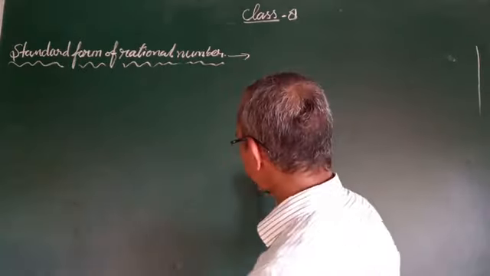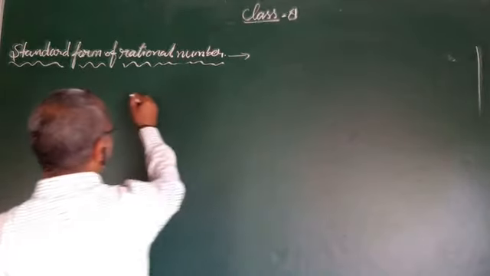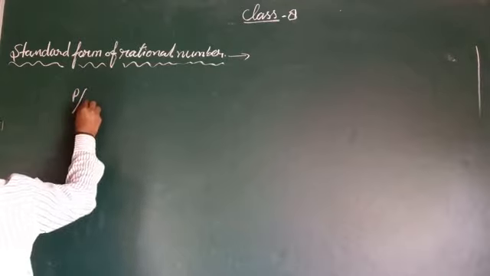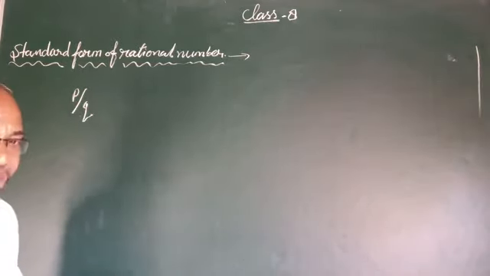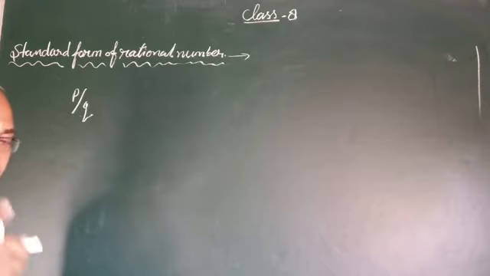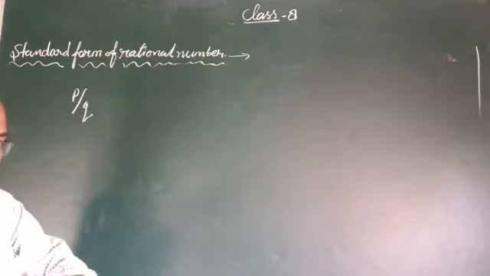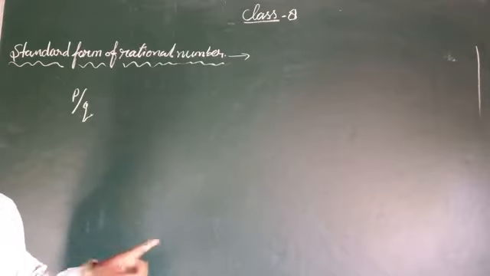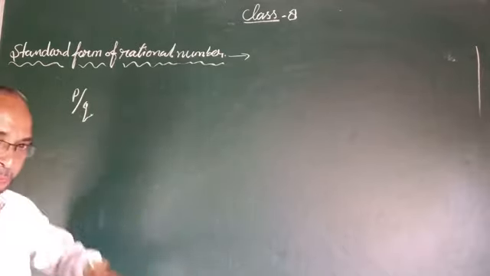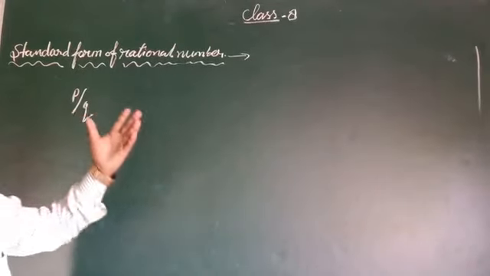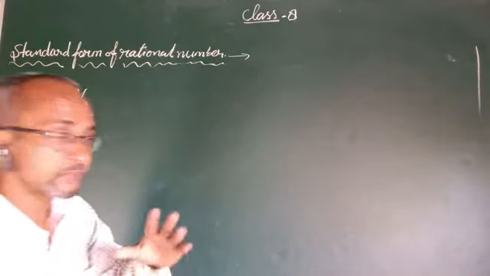Suppose you have any rational number P by Q, and P and Q have only one common factor, 1, and there will be no other common divisor of P and Q. So it is known as the standard form of a rational number.